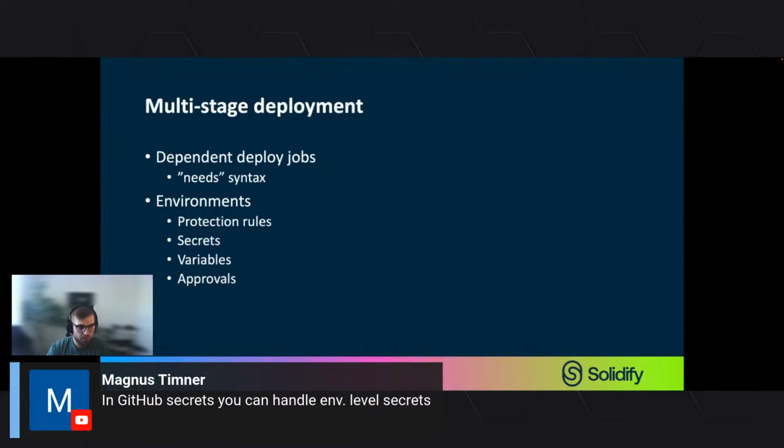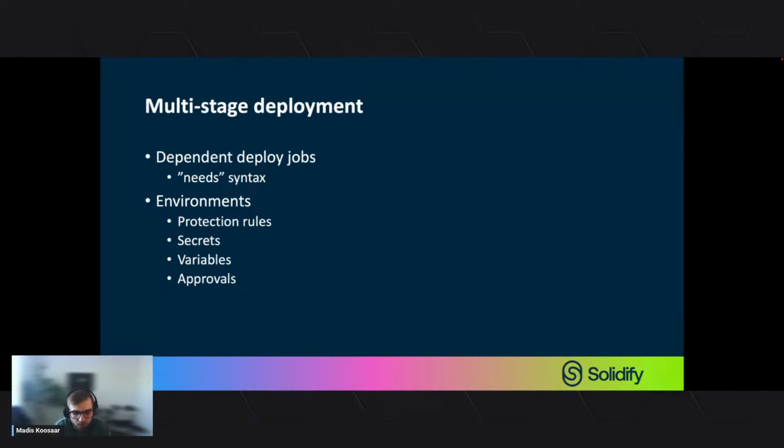But next we're going to go in further, and we're going to see how we can change this workflow as a multi-stage deployment. So you can do stage deployments with approvals natively in your GitHub Actions. And how that works is that you can set up your deployment jobs to depend on each other using the needs syntax, as I already had. And to logically separate your jobs, GitHub has something called environments that helps with that.